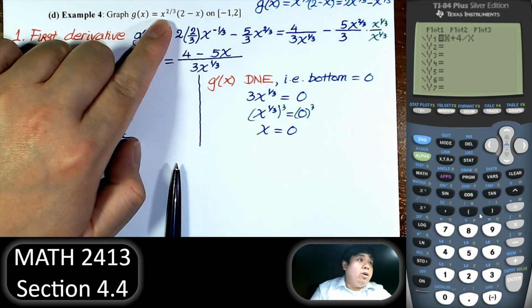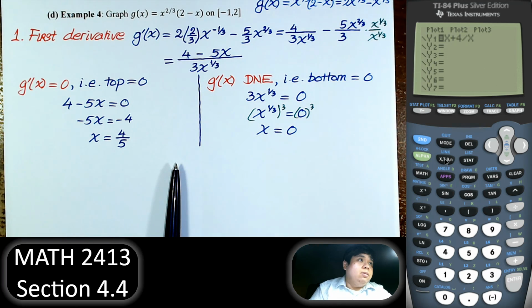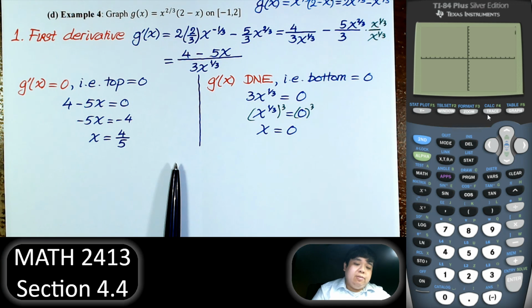We need to evaluate the function, x to the 2/3 times 2 minus x. Of course, I gave you the graph already, but the point is we're not just focused on the graph.